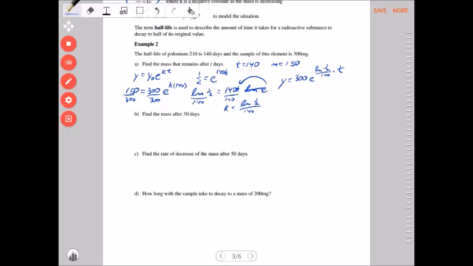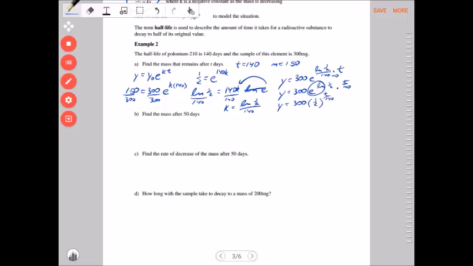Now we're going to do the same thing here that we did last time. We're going to move the 140 over to the t. So y equals 300 e to the ln half times t over 140. Now, the ln and the e cancel, leaving us with just 1/2. So y equals 300 times 1/2 to the t over 140.